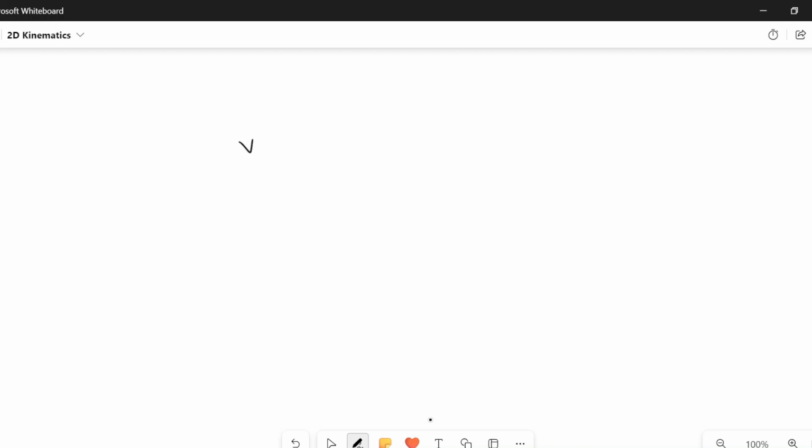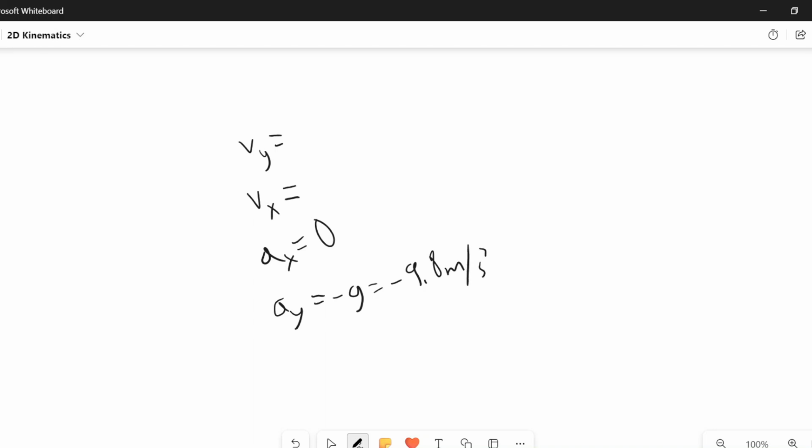So let's say its vy is some number, its vx is some value, its ax is 0 since it's not accelerating in the x direction, and its acceleration in the y direction is just negative g, which is negative 9.8 meters per second squared. And that's basically all I have to know.